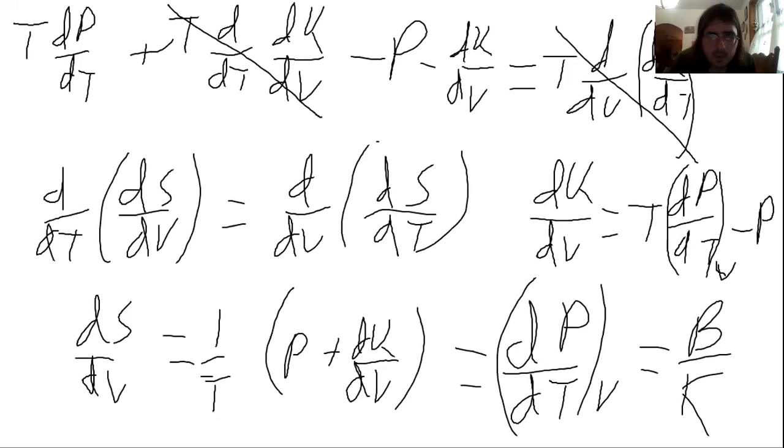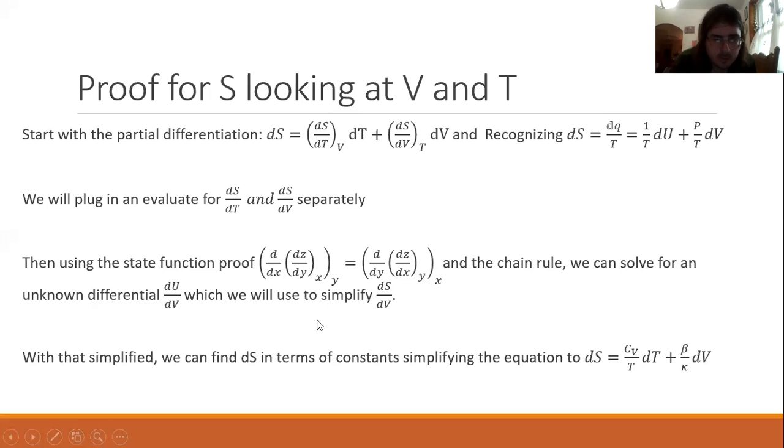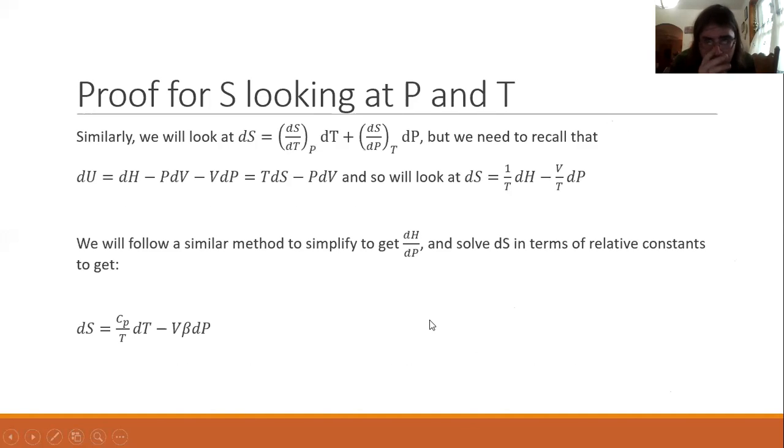So this proof, we could have waved our hands, but it's there to show us both parts, how we got du dv, but also how we get ds dv. Similarly, if we wanted to do ds dp, we'd have to do the same thing with du equal to dh minus p dv or v dp, and it's going to simplify down to the dp dropping out, and so that's equal to t ds minus p dv.